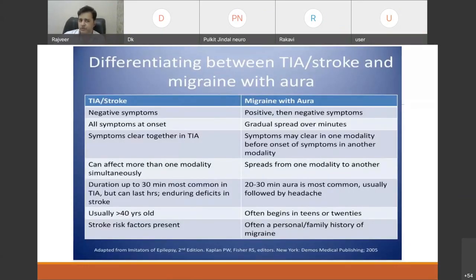We should be able to differentiate migraine from stroke, especially atypical migraine. How do you differentiate? What are the common differentiating features? In TIA or stroke, as I told, there are negative symptoms: there will be weakness, there will be sensory loss. While in migraine, there may be an aura of positive symptoms, like the patient may see flickering images in the visual field. There are no negative symptoms. And patients with TIA or stroke usually present with all the symptoms coming at once.